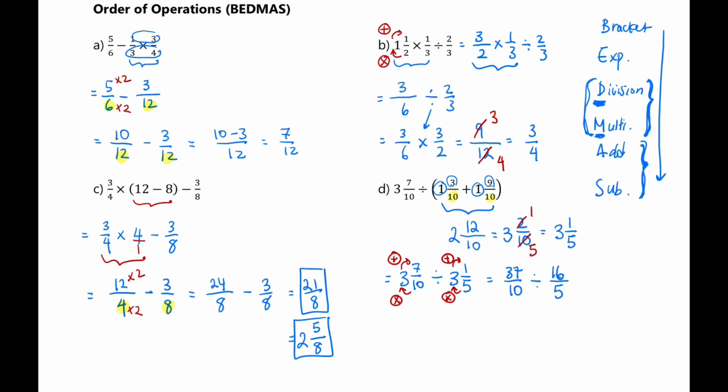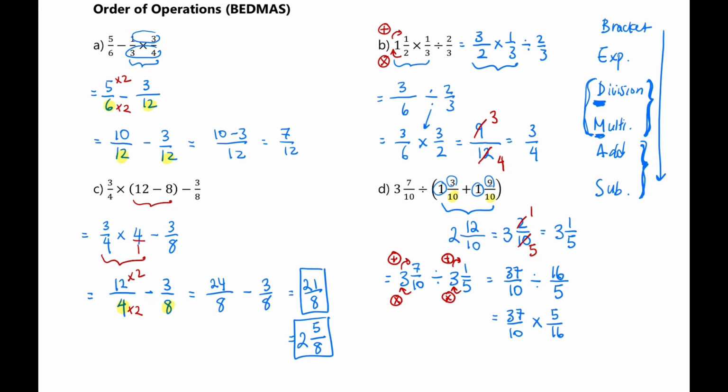Now we could apply that rule we learned in the other page. We can just rewrite this division sign into a multiplication sign, and we can reciprocate the second fraction, just like this. Okay, and from Math 9, we should kind of know how to simplify before we multiply these big numbers.